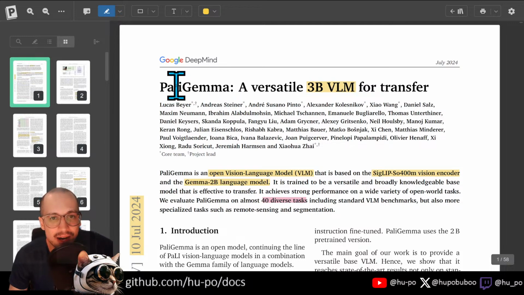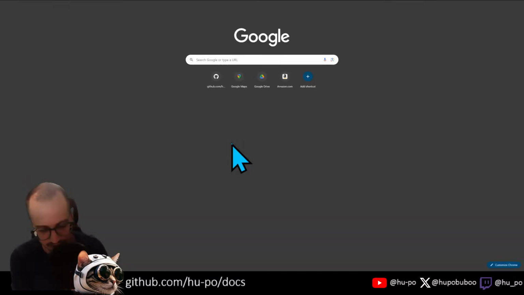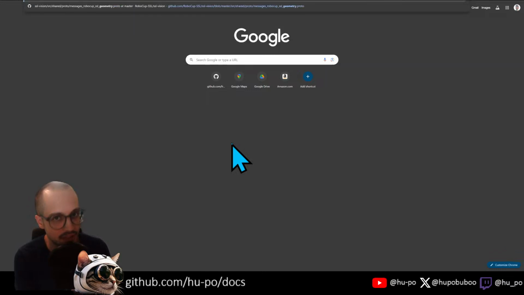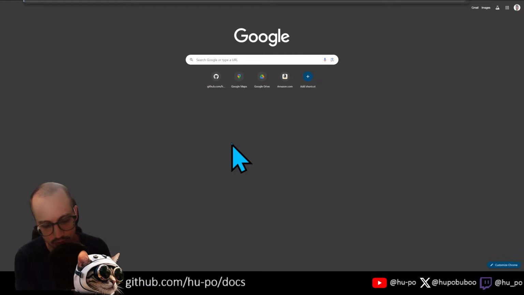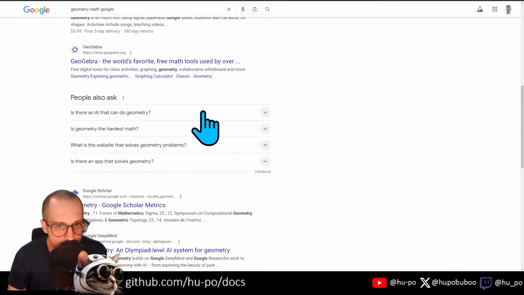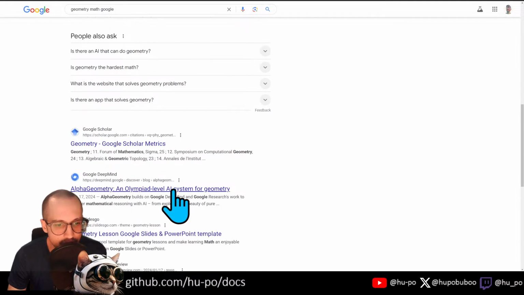RL-based CPU optimization, so kind of like a neural architecture search, but using reinforcement learning. I would think the geometry math Google, what was it called? AlphaGeometry?